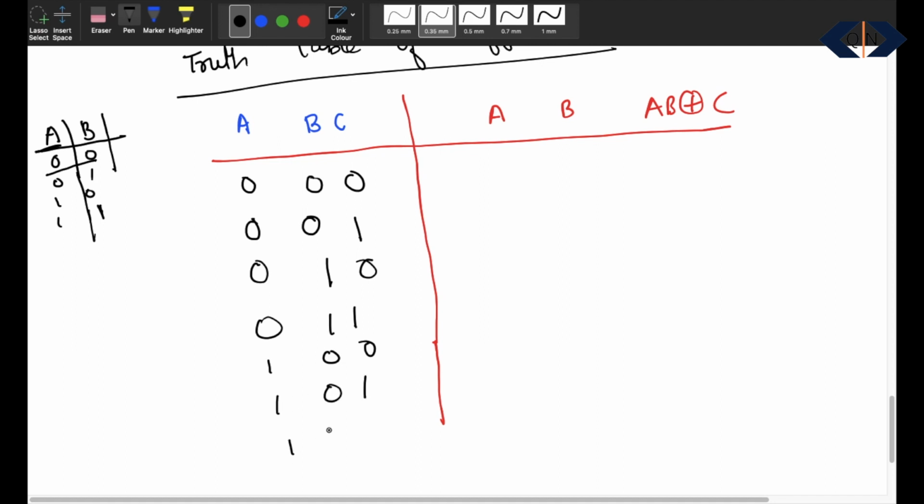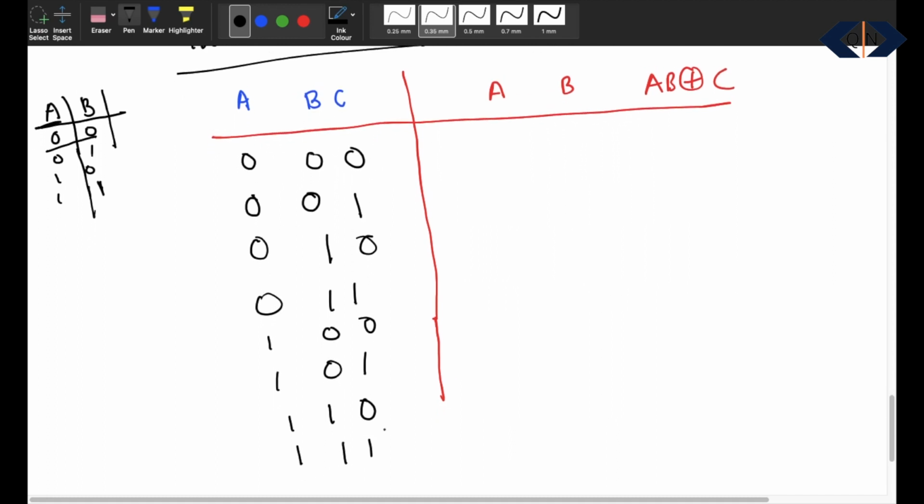1, 0, 0, 1, 0, 1, 1, 1, 0, 1, 1, 1. I know my writing is bad, but you can try to bear it because I am writing it digitally.